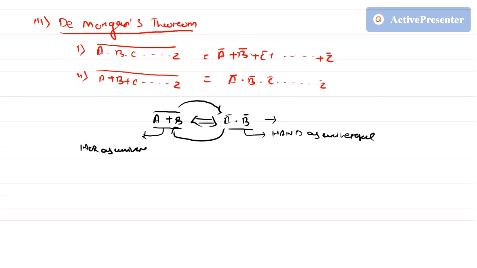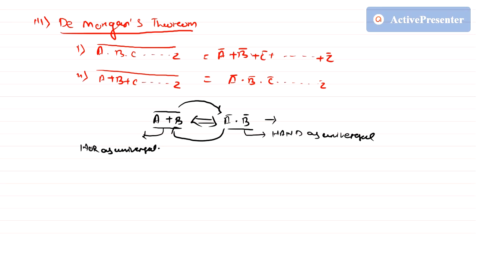Why? Because in a NAND gate the output will always be in multiplied form. So to get an addition form, you have to convert this to the addition form using De Morgan's theorem. And in a NOR gate everything will be in addition form, and to get multiplication form you have to use De Morgan's theorem, and you have to go in this way.